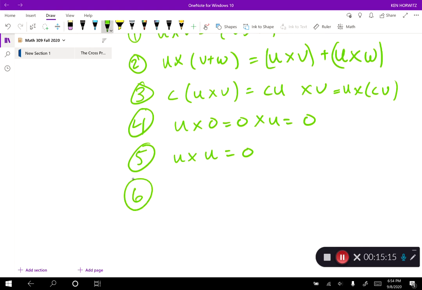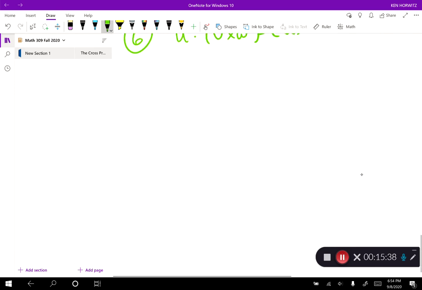And the last one says, if I have u dot v cross w, it's going to equal u cross v dot w. Again, these properties aren't necessarily something you need to memorize. However, if you happen to know them, they could be really helpful.